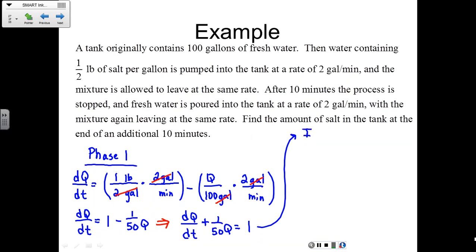My integrating factor, either the integral of 1 over 50, what would that be? 1/50th t, multiply both sides by that.